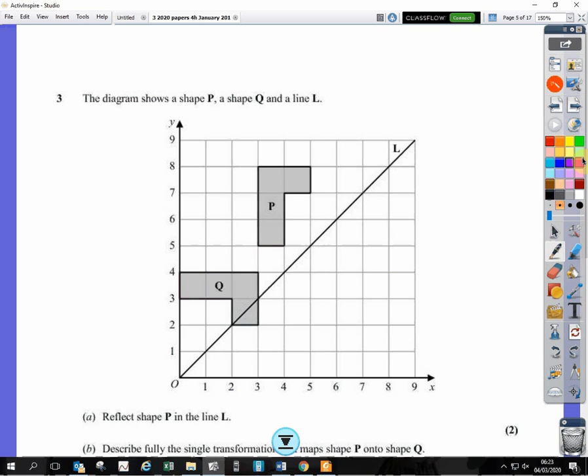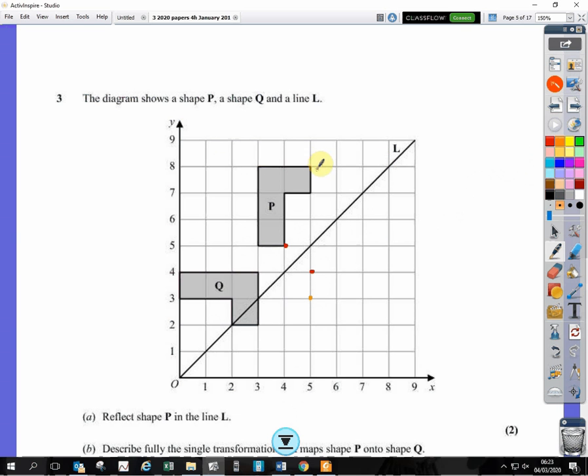Next question. So reflect shape P in the line L. You can use tracing paper to do this, or you can use the method where you count squares from the diagonal line. So you go 1 across, so we go 1 down. Here we go 2 across, so we go 2 down.